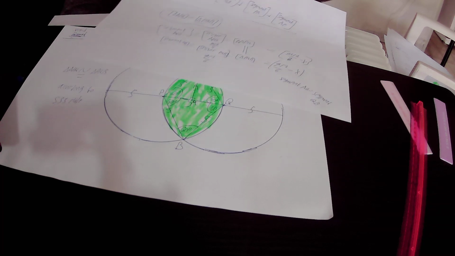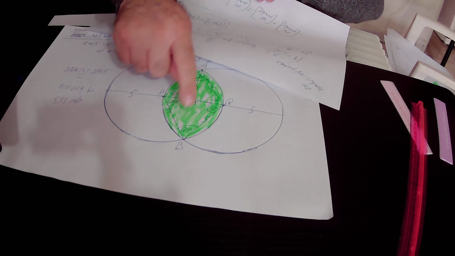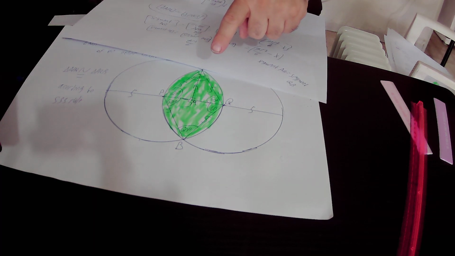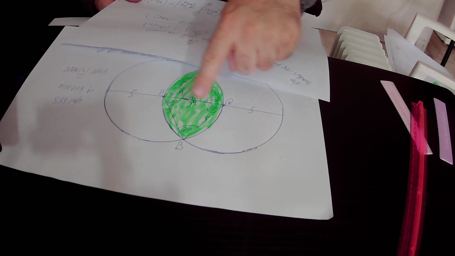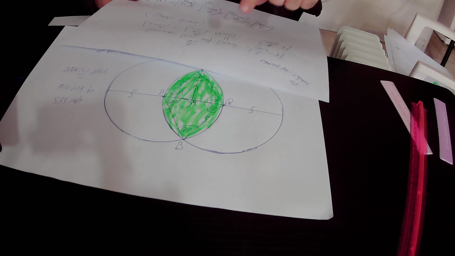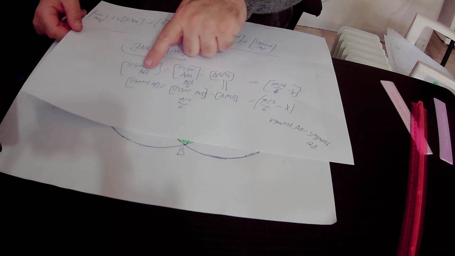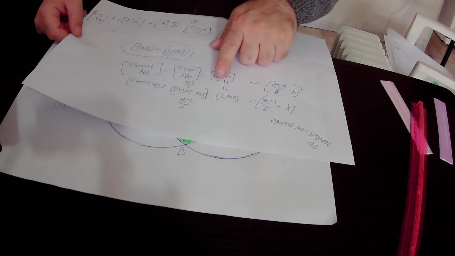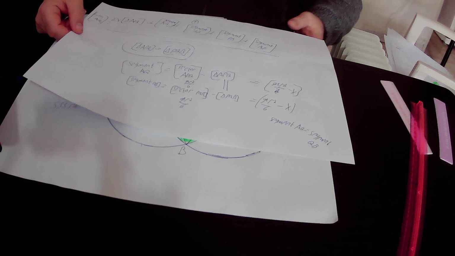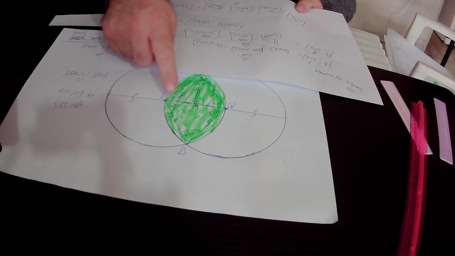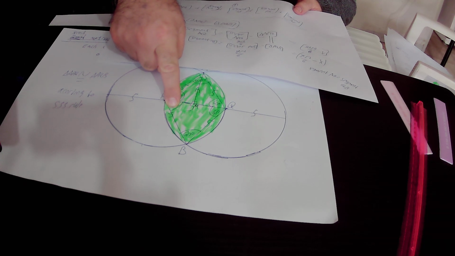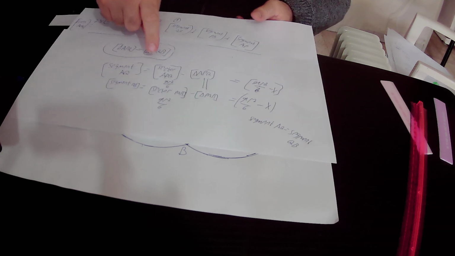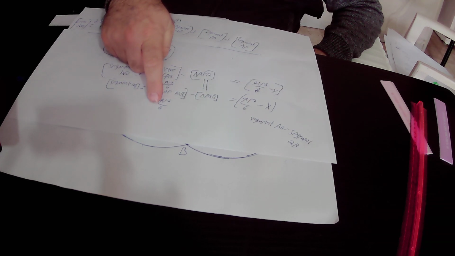And the area of segment QB equals the area of sector PBQ minus the area of triangle PBQ. And the area of sector PQB equals pi r squared times 60 degrees over 360 degrees. That is to say it equals pi r squared over 6.